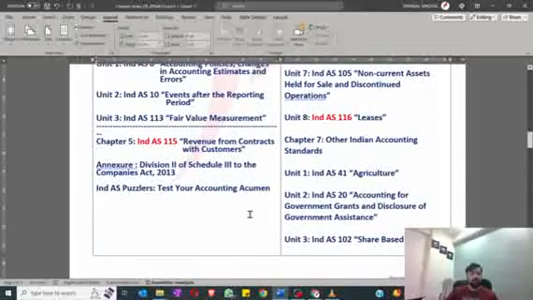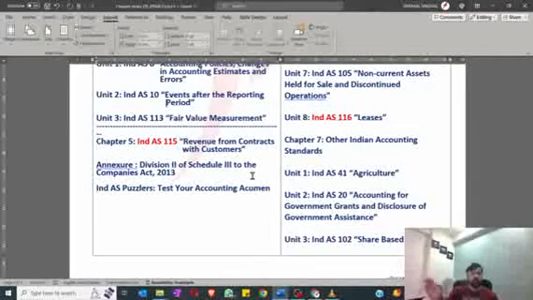Then there is chapter 5, which covers Ind-AS 115. Ind-AS 115 is on revenue from contracts with customers. Then there will be an annexure, which is on Division 2 of Schedule 3 to the Companies Act 2013. There are many schedules in the Companies Act 2013.